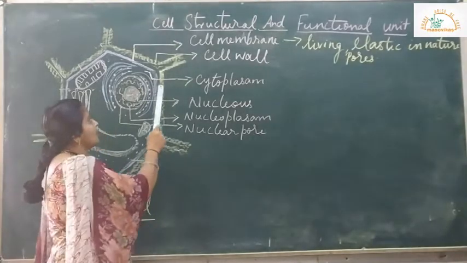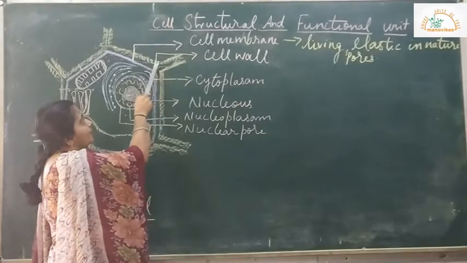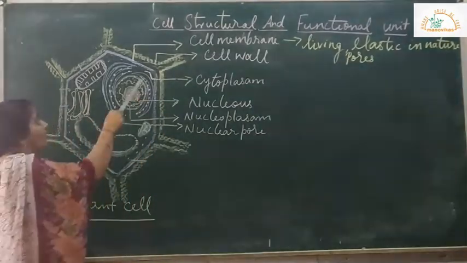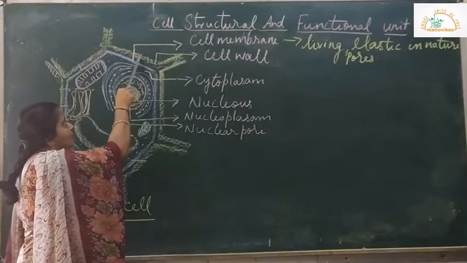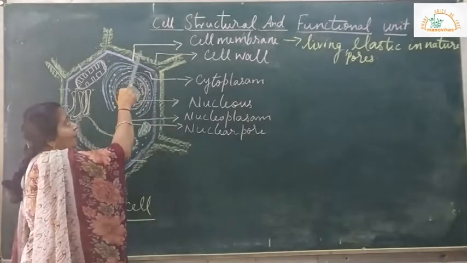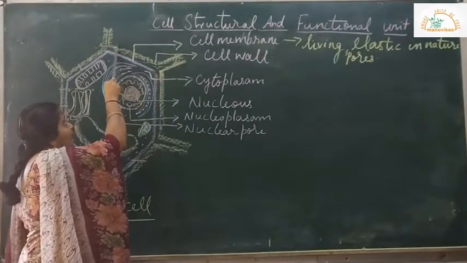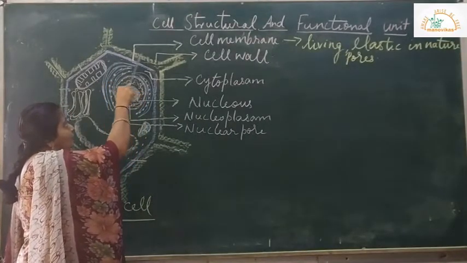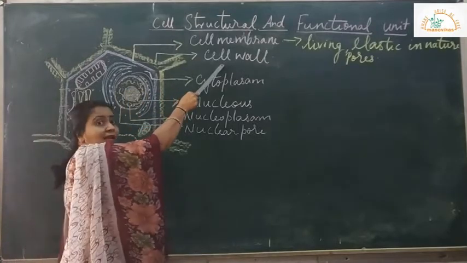Now let us see the cell wall. This is a plant cell. In plant cells there is an additional layer surrounding the cell membrane. You can see this additional layer which is outside. This additional layer is called the cell wall.